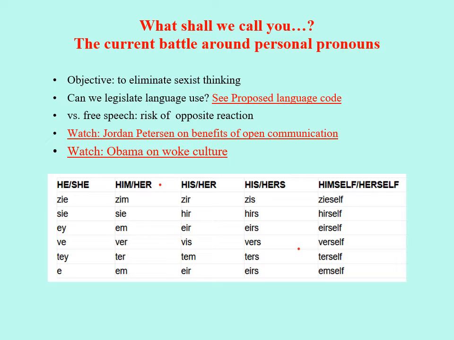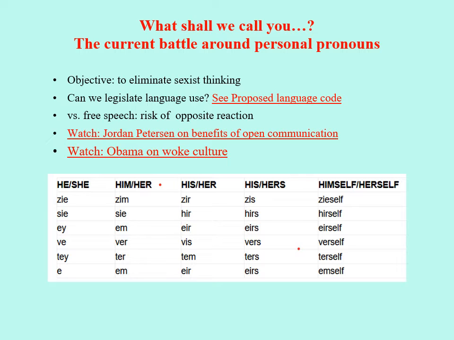At the bottom of this slide, you see a summary of proposed alternative personal pronouns that you should be using. So instead of he, she, you should use sie; him, her, you should say zim; his, her, you should say zir; his, hers, you should say zis; and himself, herself, you should say sie-self.